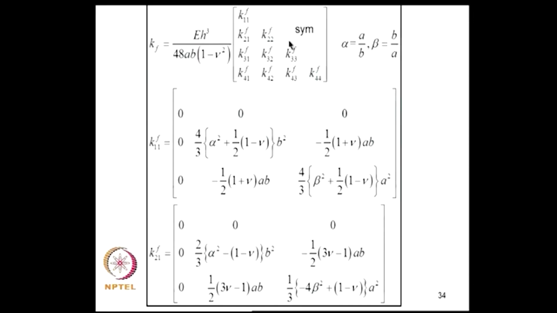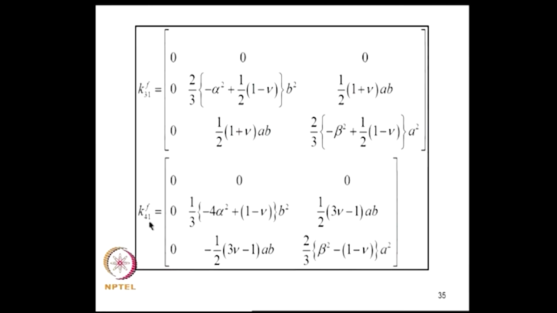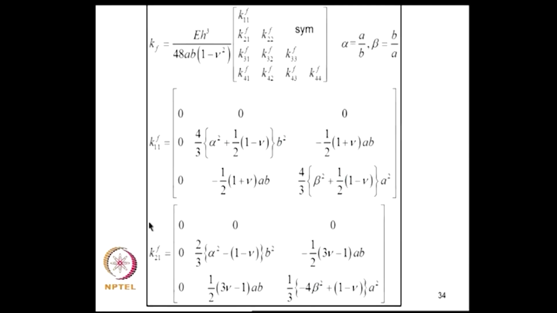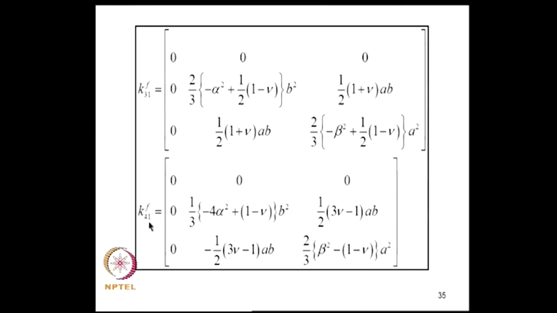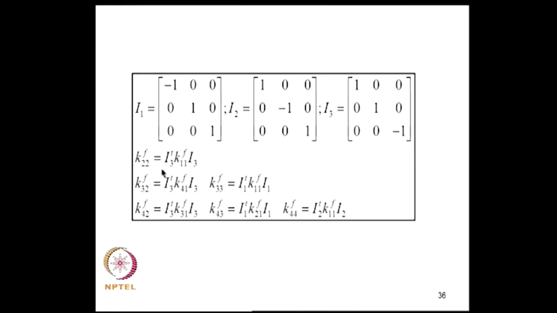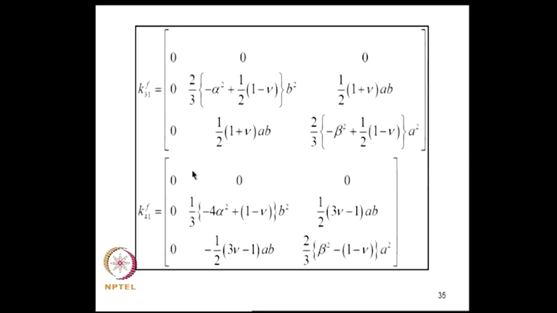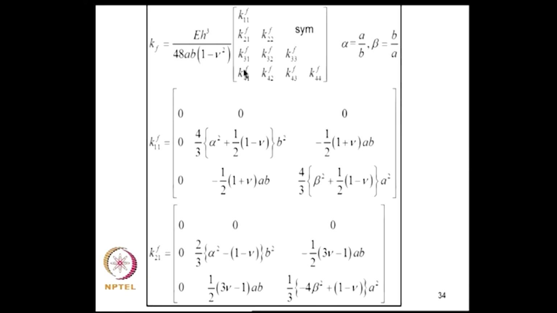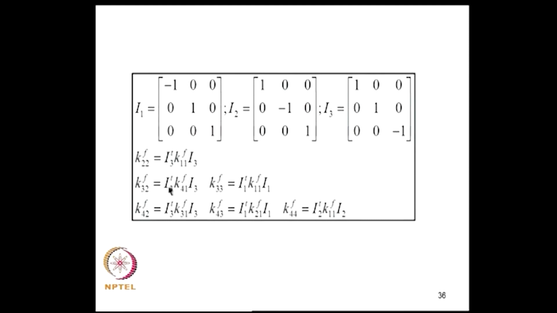Superscript F stands for flexure, and by carrying out the required integration, these elements of these matrices can be deduced, and the details of K11F, K21F, K31F and K41F are given here. Then the remaining matrices K22, K32, K42 etc. are obtained in terms of this first column by doing these operations, and we will complete the K matrix.